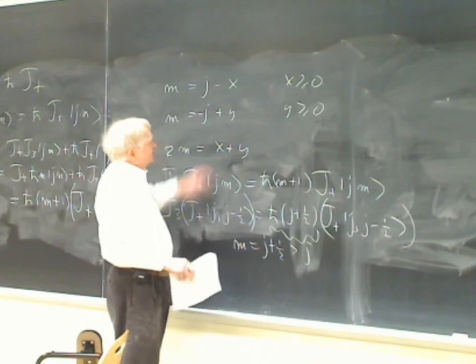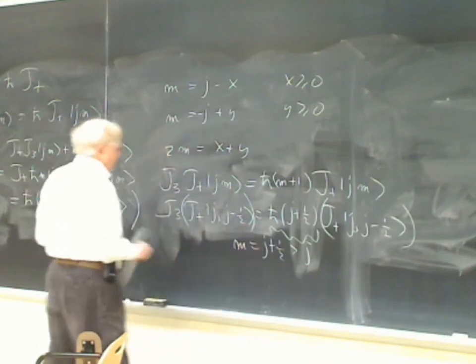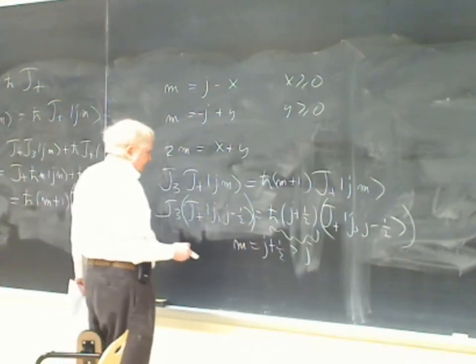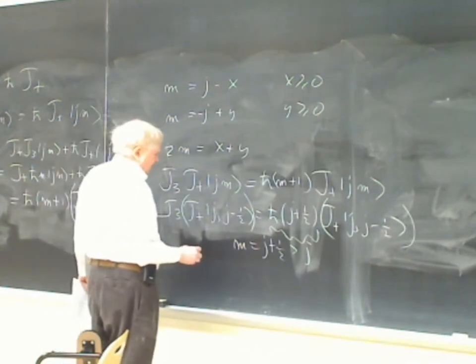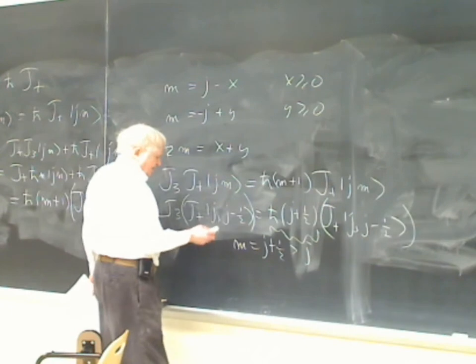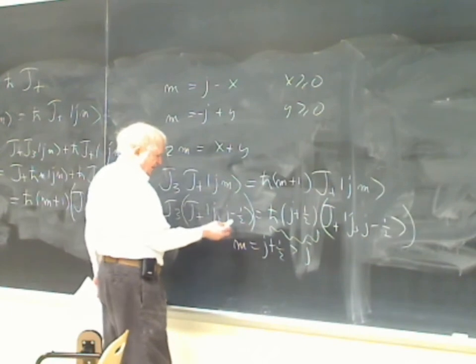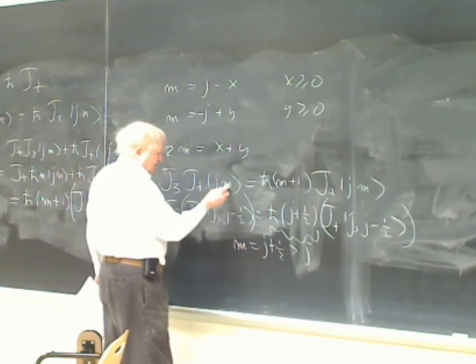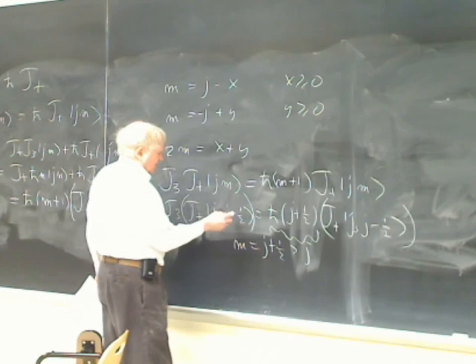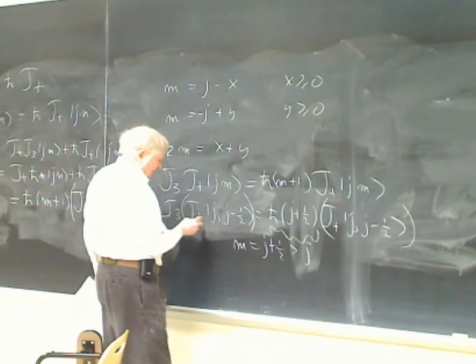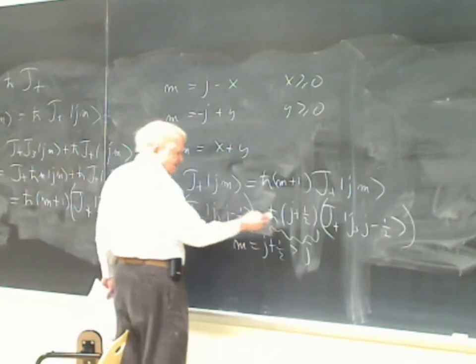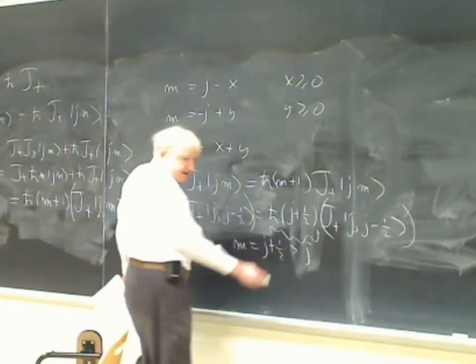What about if x is an integer? Well, if x is an integer, it's okay, because we wouldn't get into a contradiction if we had, for example, m equal to j minus 0, because then we'd have J plus on |j,j> is 0, and that wouldn't get us into this problem.